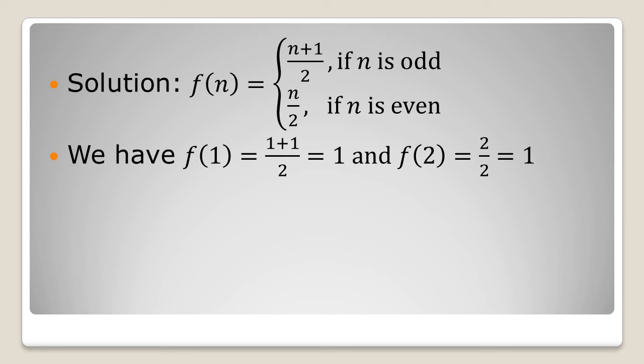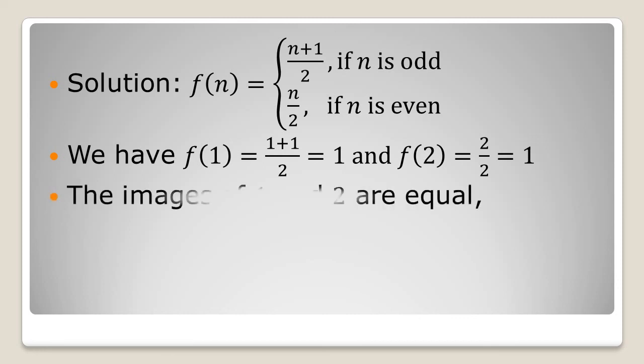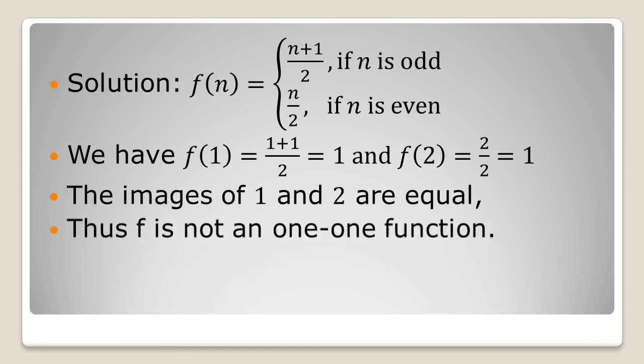And again, if we put n equals 2, since n is an even natural number, it will again give you the value 1, and that shows that the images of 1 and 2 are both equal. Therefore it can never be a 1-1 function. It is a many-one function actually. It is not 1-1.